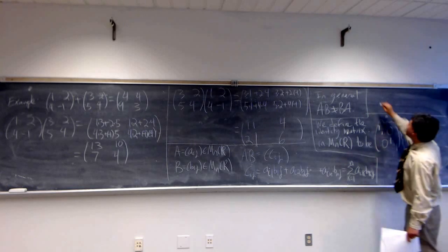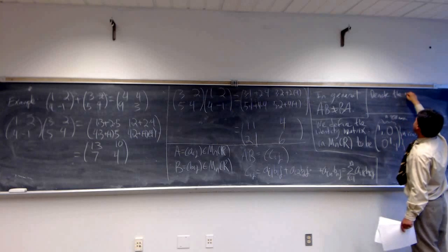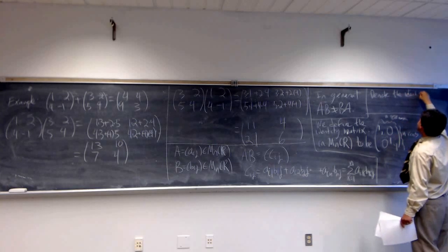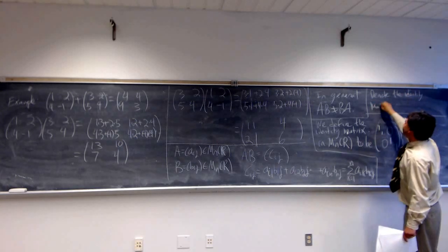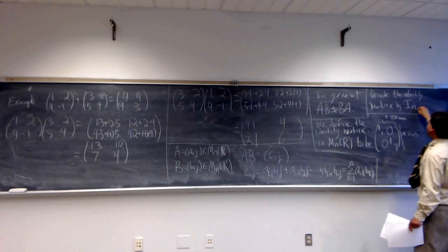And we denote the identity matrix by I sub n.